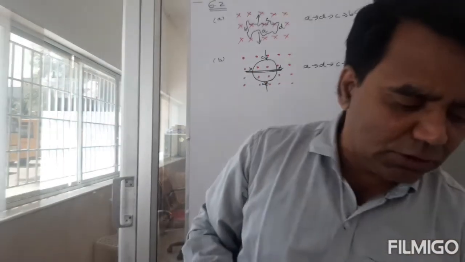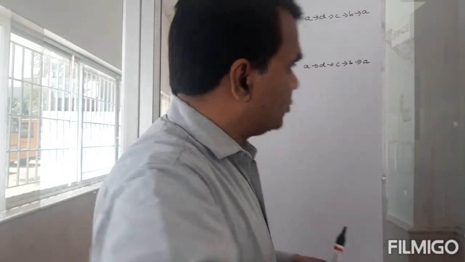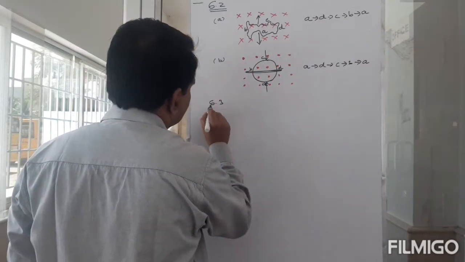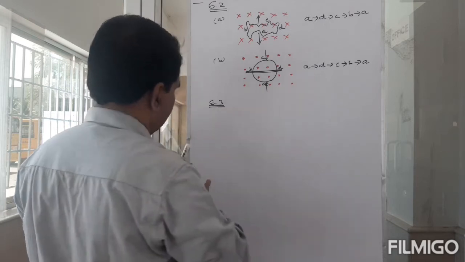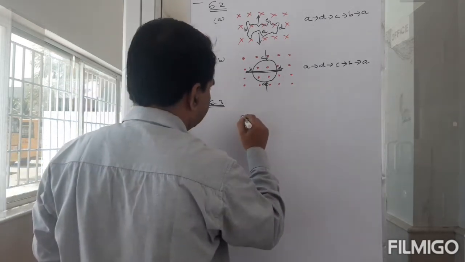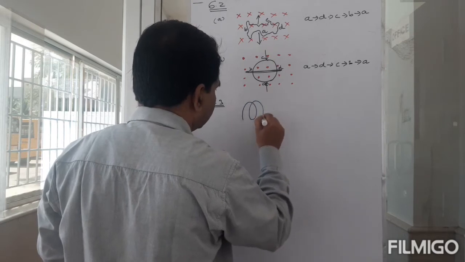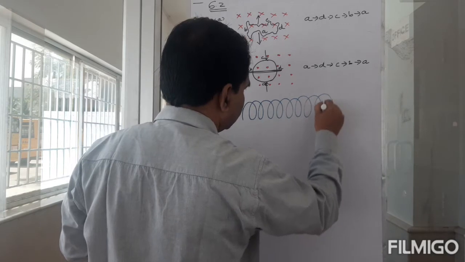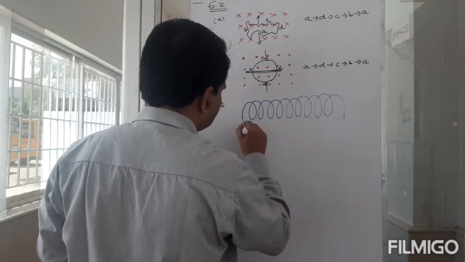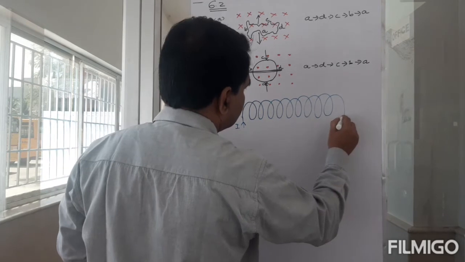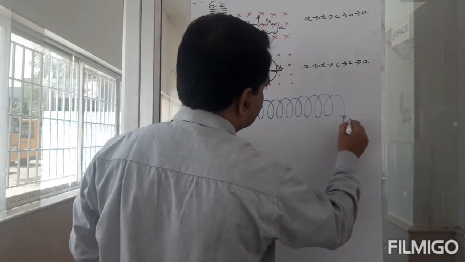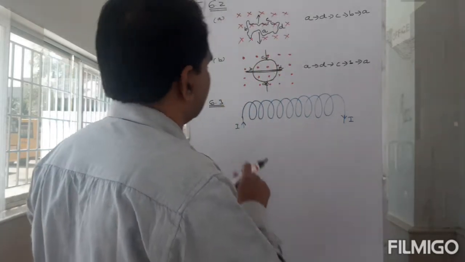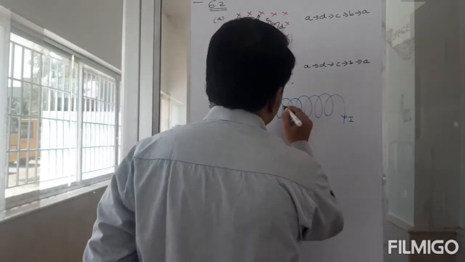Okay, so you have a long solenoid. I'm going to use blue for that. This problem 6.3. Let me have a long solenoid. Okay, so there will be some current I flowing through that. And what they say is that inside the solenoid you have a small loop.